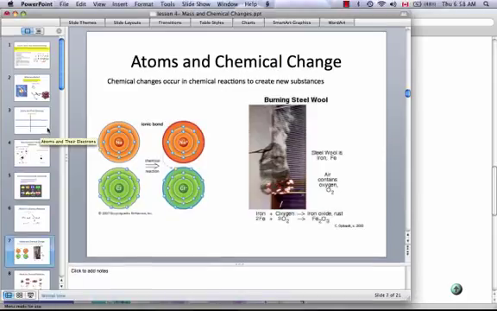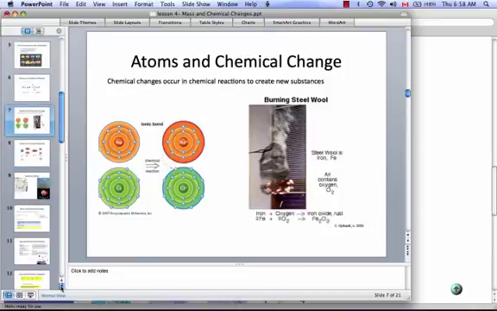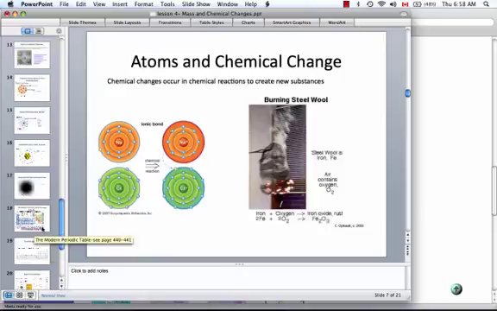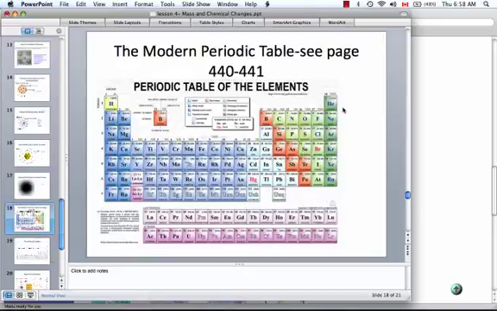We'll deal with the periodic table a little later on, but the periodic table helps us tell how many protons, electrons, etc. When we look at the periodic table, for example, we notice that boron is number 5, carbon is number 6, nitrogen is 7, oxygen is 8, etc. These numbers are called the atomic number, and they stand for the number of protons in an atom of each of these substances.